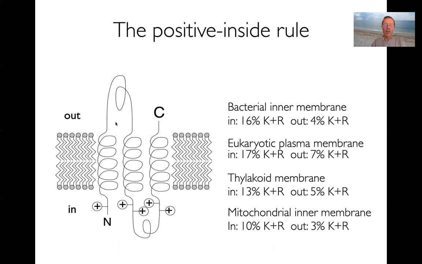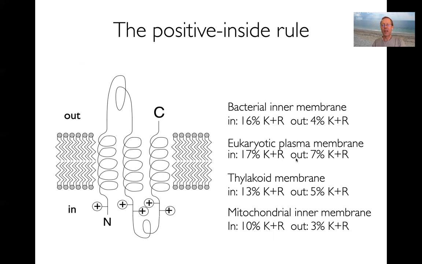So the simple observation, and this was first just a statistical observation, is that positively charged residues are highly abundant in the loops that face the inside, but are comparatively rare in the loops that face the outside, the extracellular space. So in bacterial inner membrane proteins, for instance, it's up to a 4-fold difference in the frequency of lysines and arginines in the loops facing inside compared to those facing outside.